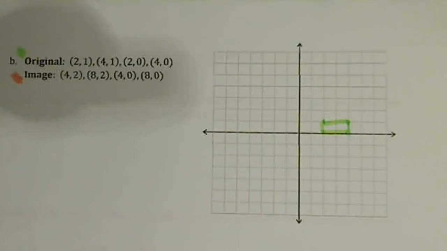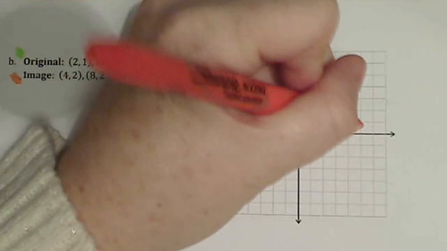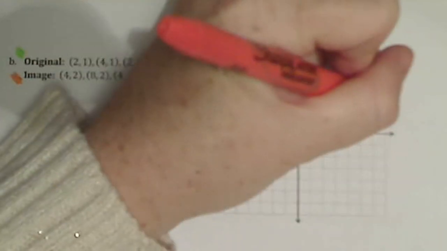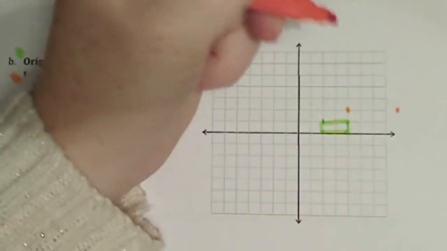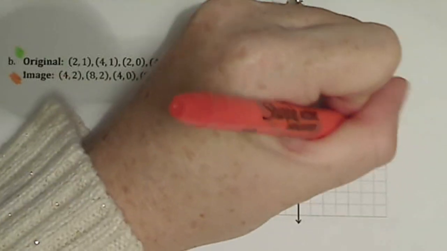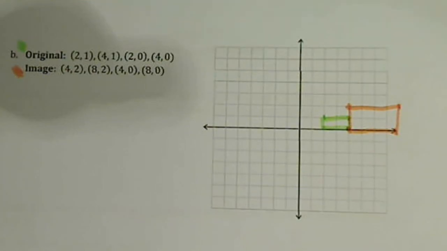I'm going to do it in orange again. We've got 4, 2, 8, 2, and I'm sorry, there's not enough room, so just add it right over there. 4, 0, and 8, 0. So this little rectangle right next door. I want to prove that these are similar.